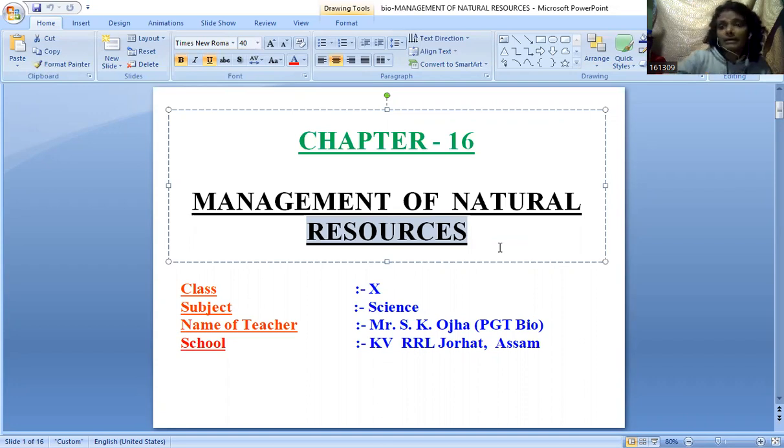For example, this pen which I use in my daily use will be a resource for me because I use it. Similarly, the laptop, the pen, tablets, all the things which you use in your daily life come under the category of resources. Okay, understood?